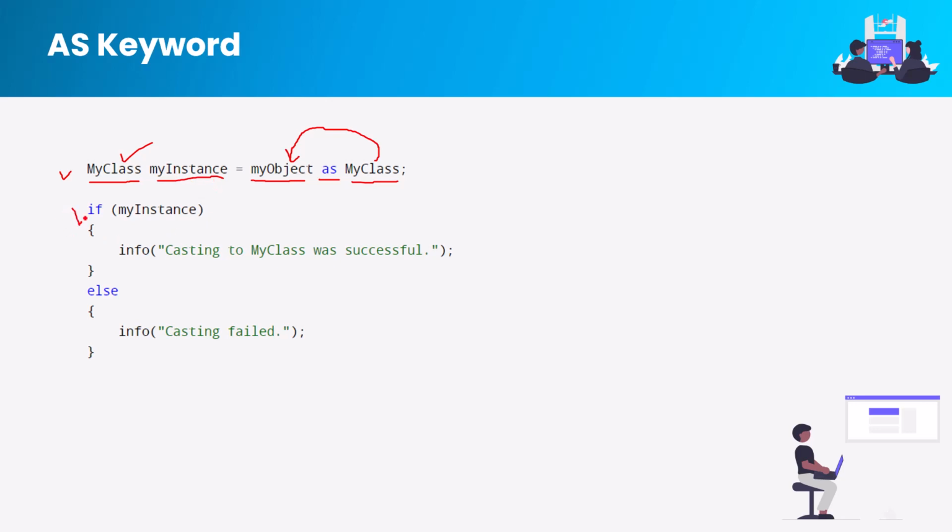If you check with the if statement and it returns the specific object, then your code will go inside this particular block. If it returns null, it will go to the else part and say that casting failed. This way you can use the as keyword in your coding.